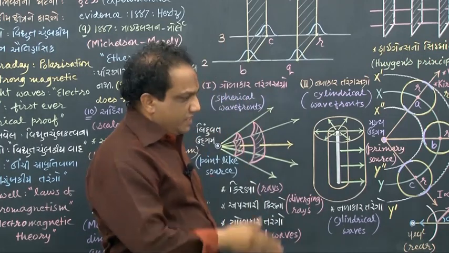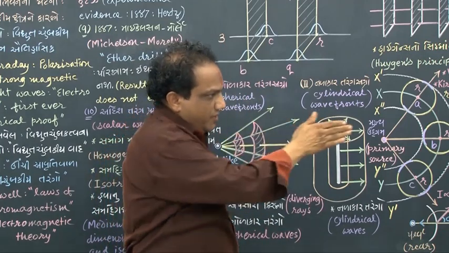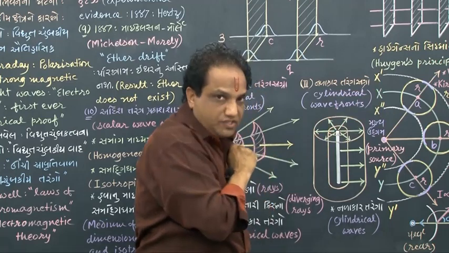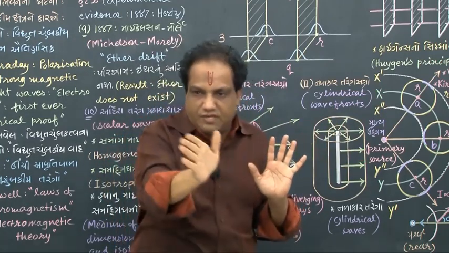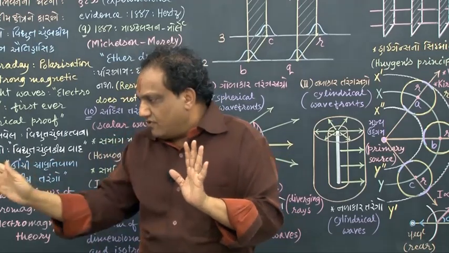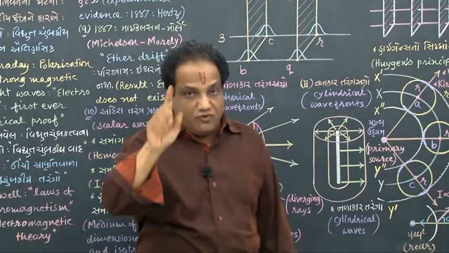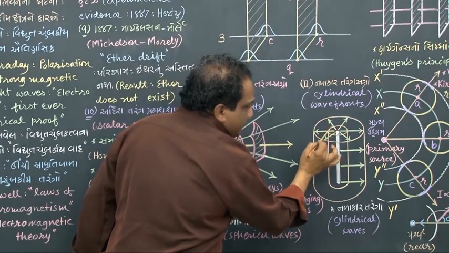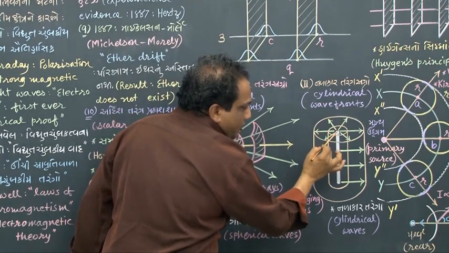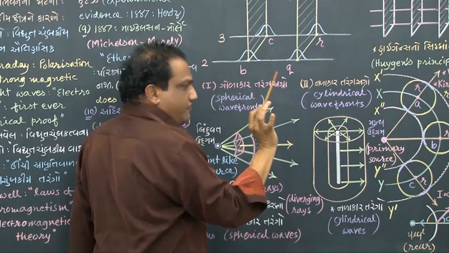But it is not necessary that every time you should draw perpendicular lines in this direction only. You may draw perpendiculars in all the directions for the remaining parts also. If you do that, then you will find rays like this, which are lines perpendicular to other parts of the same cylindrical wavefront.